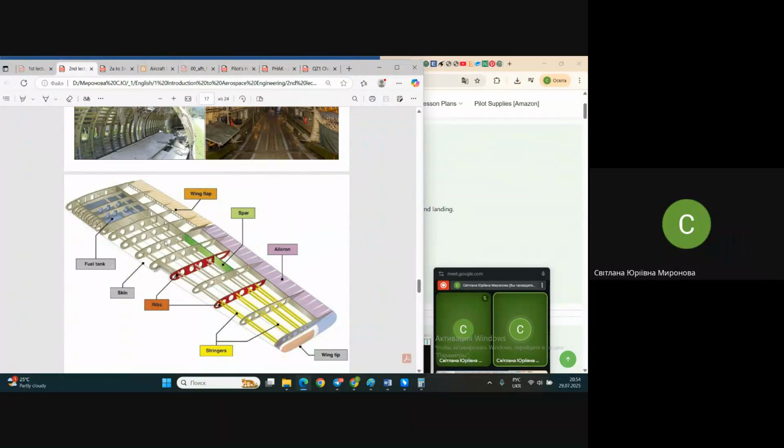So the spar is not compulsorily the only one. It usually comes as a couple of spars. If it comes to a wing, or if the structure is small enough, something like a flap, aileron, elevator, there may be only one spar.